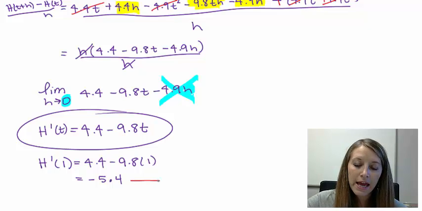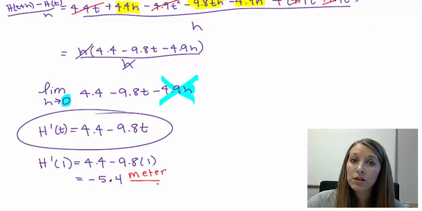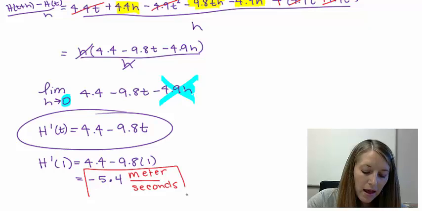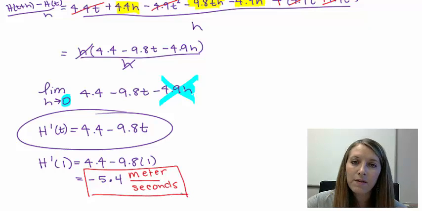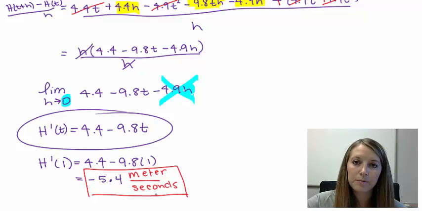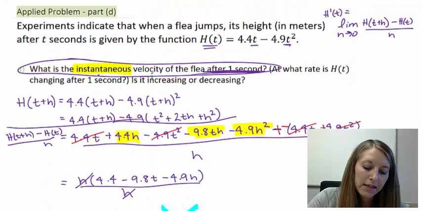In this case, what we computed was the height, so specifically in meters, compared to the time, so specifically the seconds. So, at the first second of this jump, the flea has a velocity or a rate of negative 5.4 meters per second.